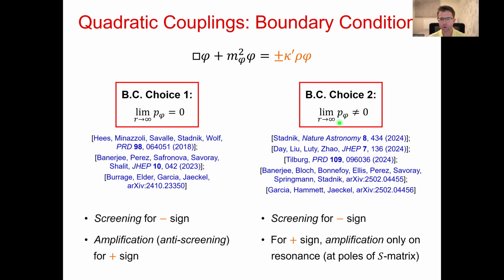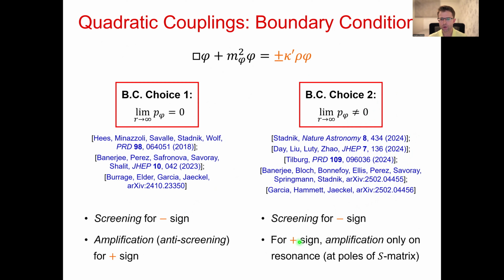So if we allow for the possibility that the momentum is non-zero and finite far away from this massive body, then we can choose a different set of boundary conditions, which has been the topic of a number of investigations in recent years. And the conclusion in this case is that for the negative sign coupling, we again generically have screening, just like in the case of the first boundary condition choice.